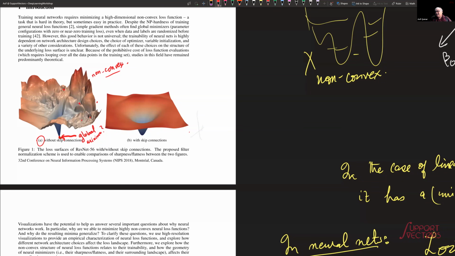Imagine many, many layers, then your loss surface will look like the one on the left. But if you introduce those skip connections, those residual short circuits, then the loss surface begins to look like this. Now, which surface looks smoother and with a very clear global minima?